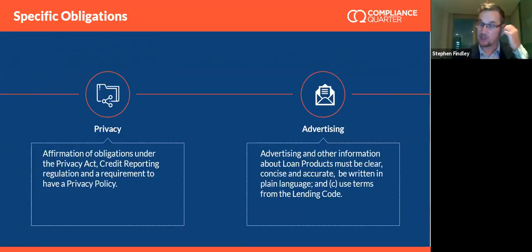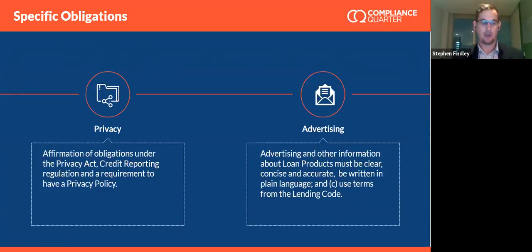Finally, I just wanted to mention, and this is not exhaustive of all the requirements in the code, new requirements around advertising. All advertising and any other information about lending products must be clear, concise, and accurate. It must be written in plain language, and it must also use terms from the lending code.